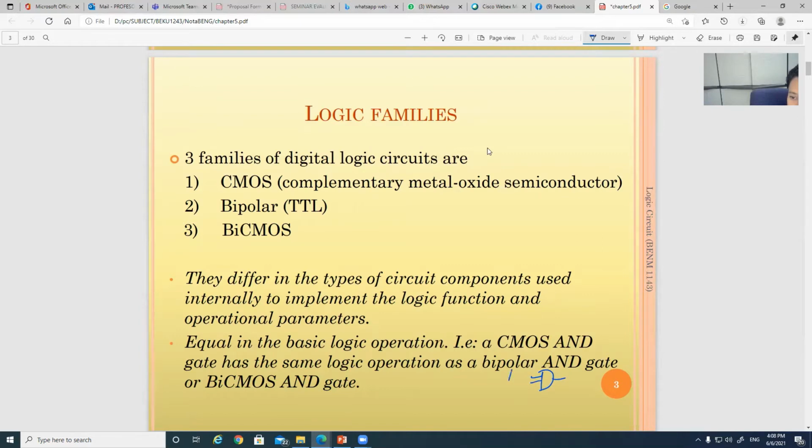With inputs A and B, the output is AB, similar to the BiCMOS AND gate. So the basic logic is equal for CMOS and the bipolar TTL.